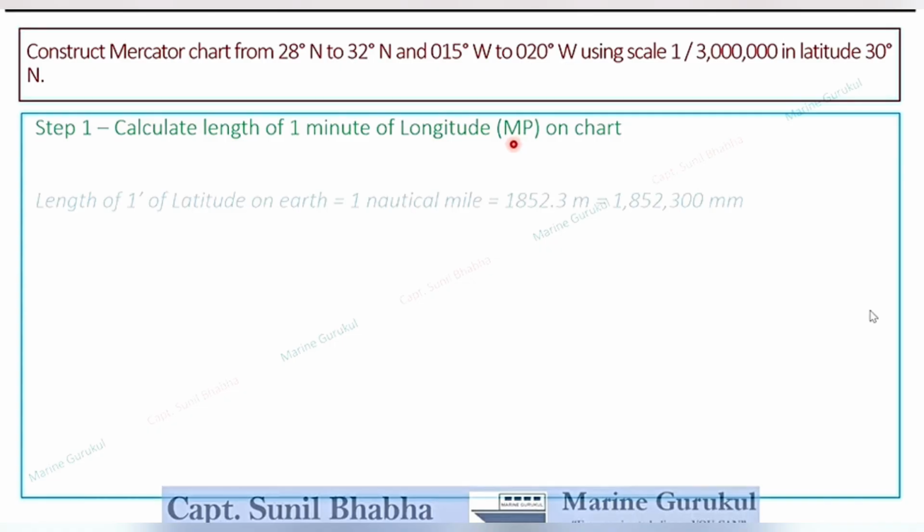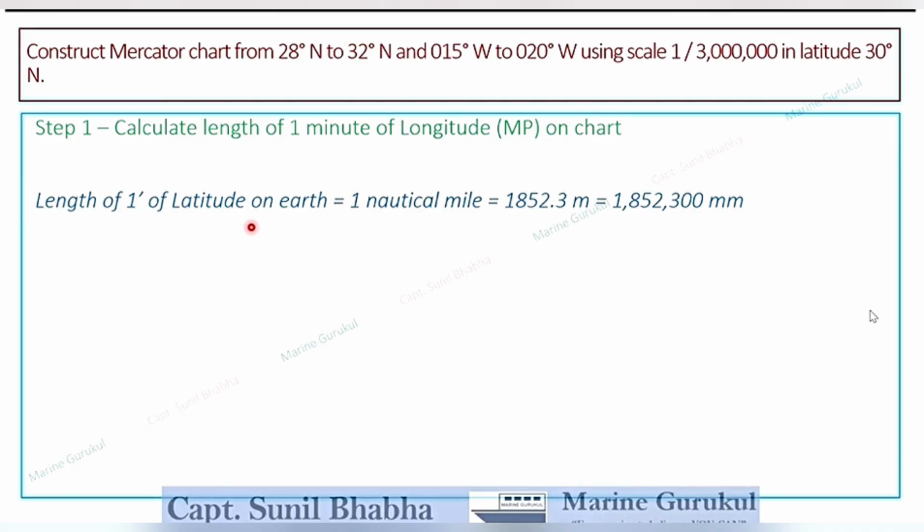Now, how do we find out this length? We are aware of the definition of 1 nautical mile. 1 nautical mile on the Earth's surface is basically equal to 1 minute of latitude, and it is of a fixed distance, and that distance is 1852.3 meters. So exactly that same thing is mentioned here.